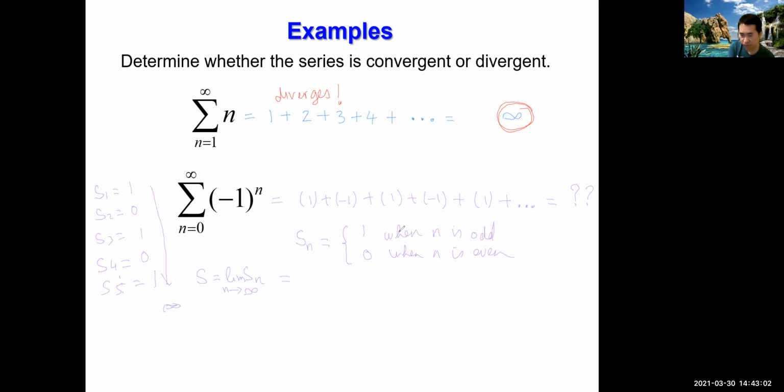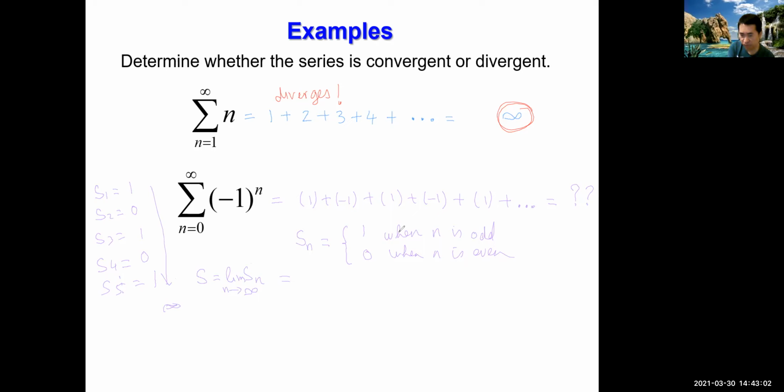Now let's look at the next example here. So next example, I have n squared over n squared minus 1. Now this is a very different one.